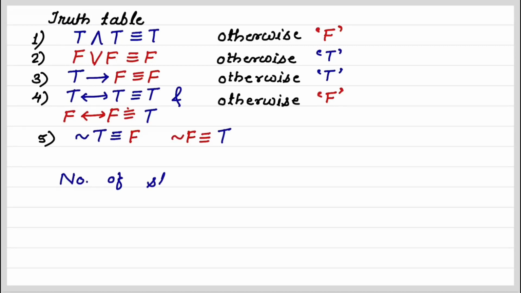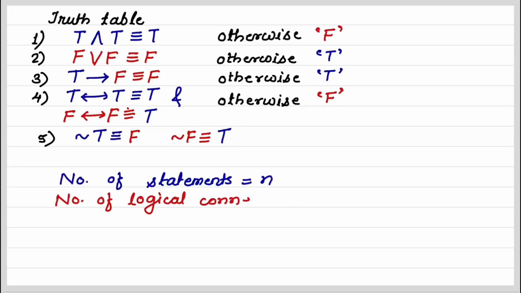Two more rules. If the statement pattern has n statements, that is, number of statements is equal to n, and it has m logical connectives, number of logical connectives is equal to m, then number of rows is equal to 2 raised to n.